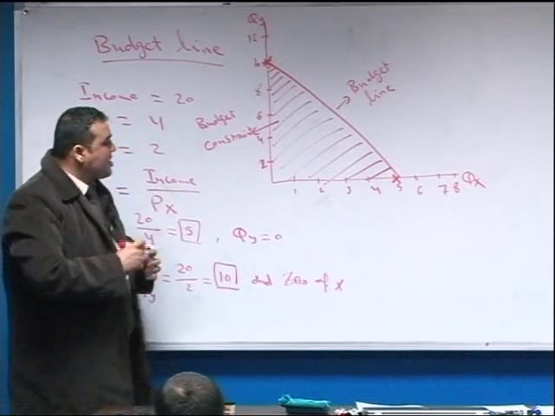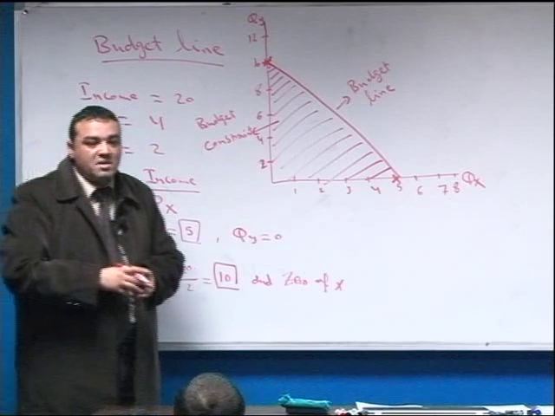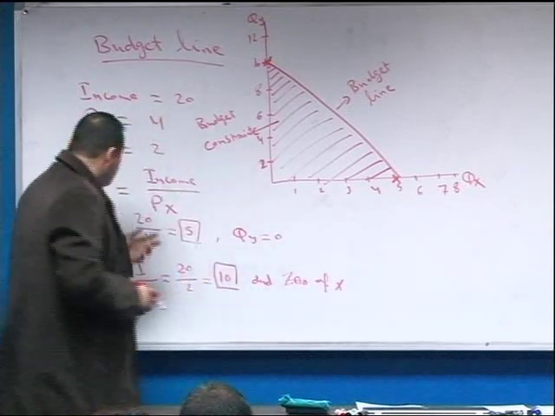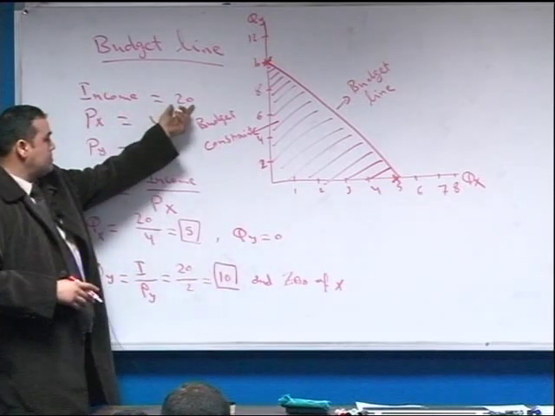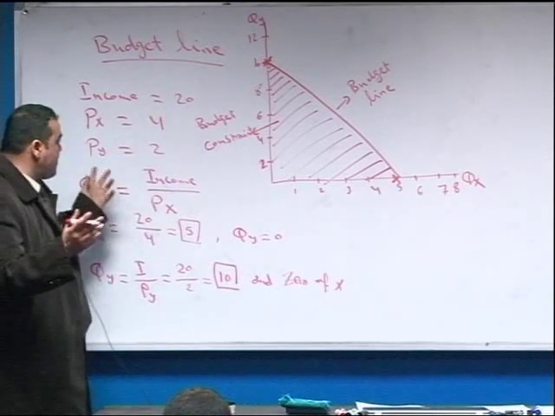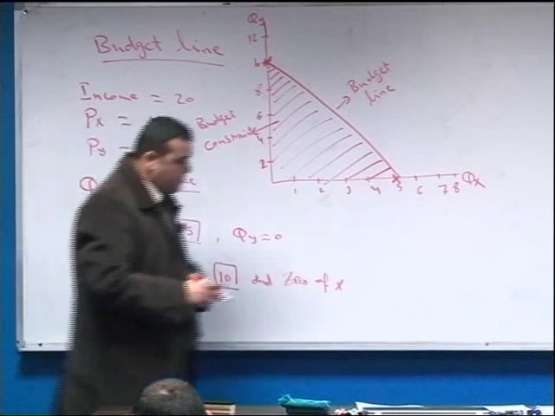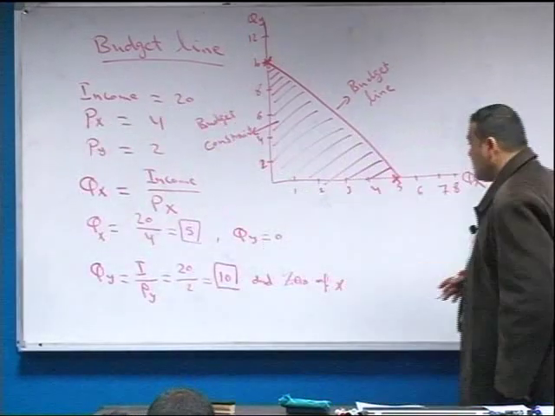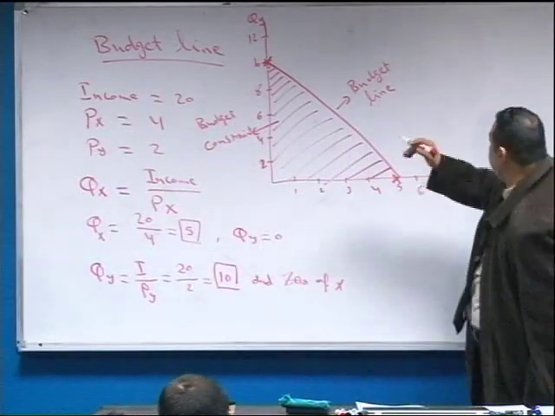Suppose that the consumer income increased from 20 to 40 or to 15. Suppose, or to 26.